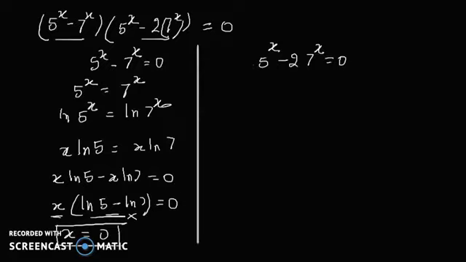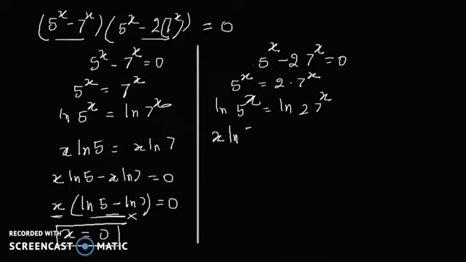Now it can be further written as 5 raised to power x equal to 2 times 7 raised to power x, and then taking ln both sides, we can write ln 5 raised to power x is equal to ln of 2 times 7 raised to power x, and then further applying the logarithmic principles, we have x ln 5 equals x ln (2 times 7).